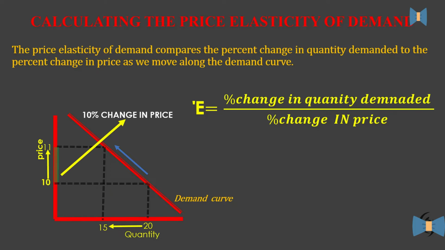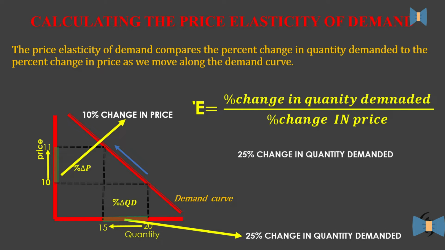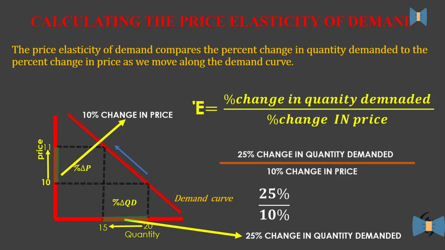That means a 10% change in price leads to a 25% change in quantity demanded. A 10% hike in price leads to a 25% decrease in quantity demanded. So we can calculate the price elasticity of demand by dividing the percentage change in quantity demanded by the percentage change in price. The change in quantity demanded is 25%, divided by the 10% change in price, we get 2.5.